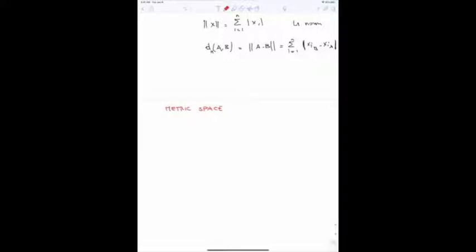This is a vector space where we define a distance, and then we have a norm space.